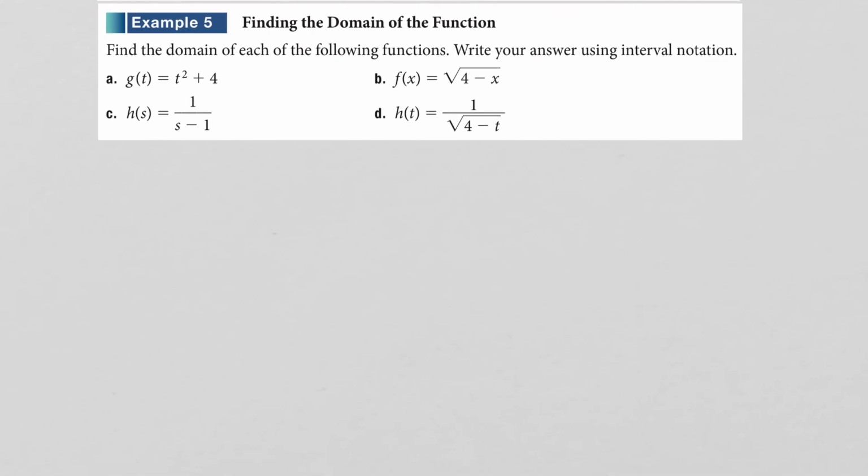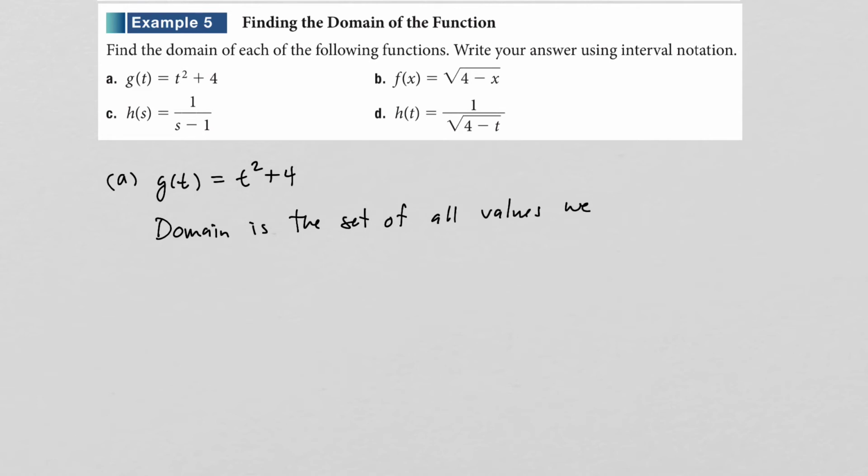So for each of these functions, we want to find the domain, and then we want to write it in interval notation. Okay, so our first function here is g of t is equal to t squared plus 4. So the domain is the set of all values we can plug in for the variable t in this case, right? Because t is your independent variable here.